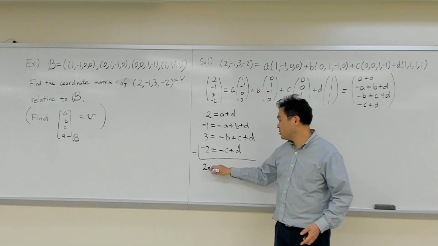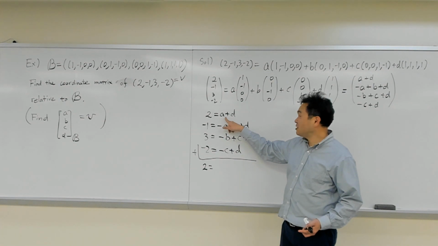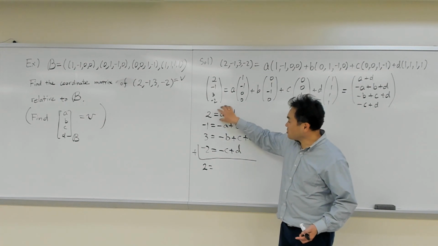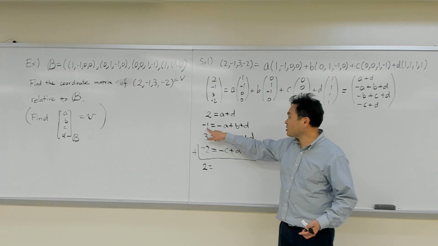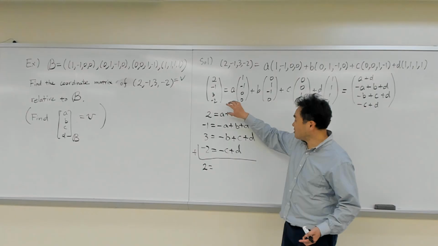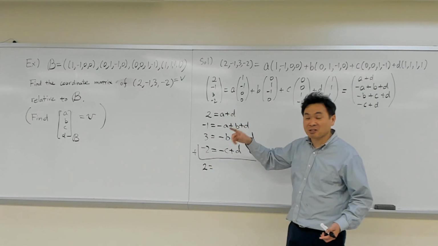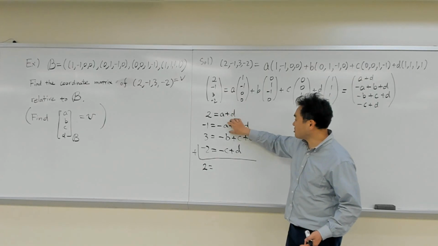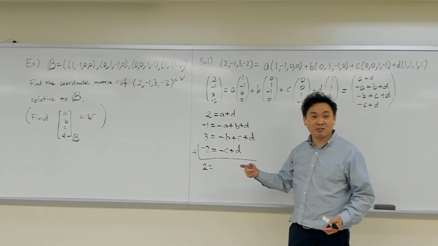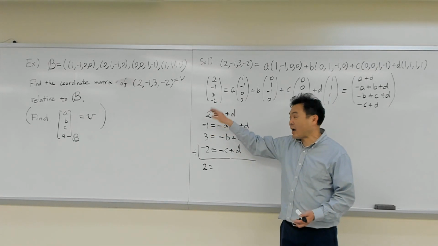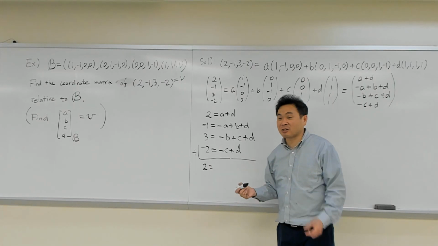And because 2 is the same as a plus d, I can say a plus d plus -1 plus 3 plus -2 is also 2. Then I can replace -1 by this expression, and keep substituting, and you end up saying this plus this plus this plus this should also equal 2. Does that logic make sense? Since if you're adding the same things together, the end result should be the same as well.